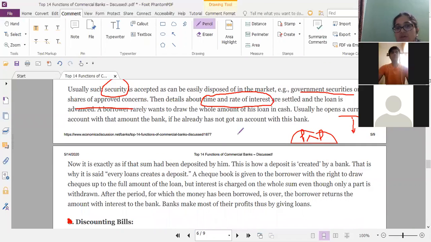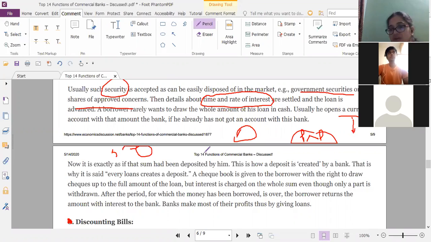If they don't have a bank account in the bank, they open a new account there, and then they keep that loan in that account, and take a part of that loan first. Now it is exactly as if that sum had been deposited by him. So this is exactly like the deposits which someone would do if he or she has extra surplus money with them, right? So it's like a normal deposit now.